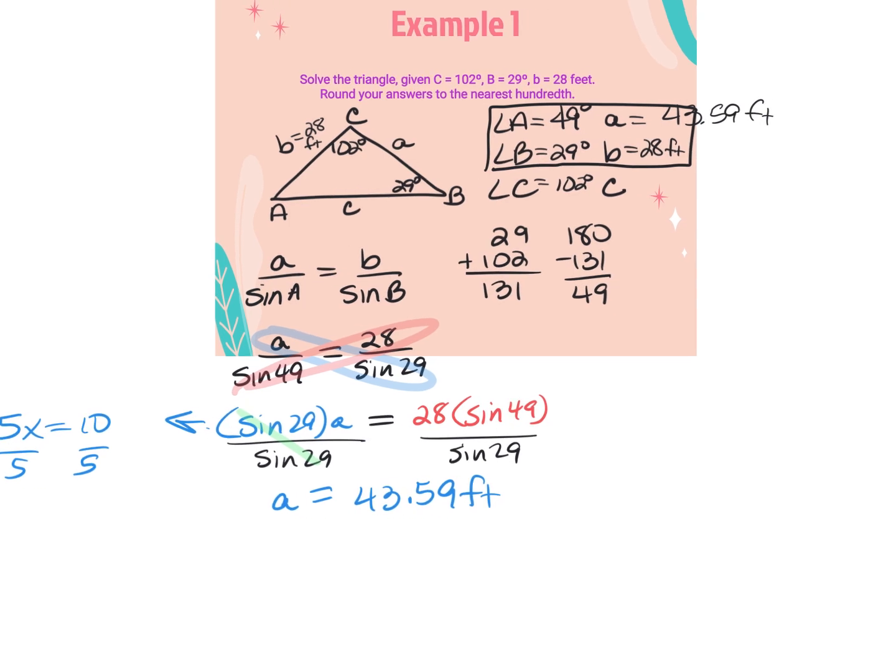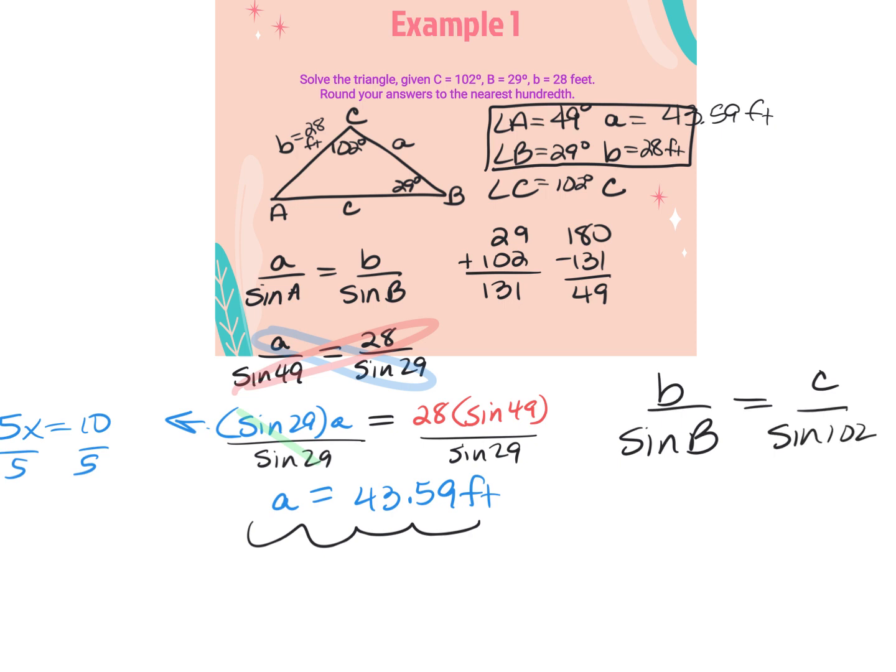And now let's work on finding side length C. So I'm going to still use my given. I'm not going to use this newly calculated A value in my proportion, because remember, that was a rounded number. So again, I'm going to go back to the B information that they gave me from the beginning. So I'm going to do B over sine B, because that was my given. And then now I can do C over the sine of 102.